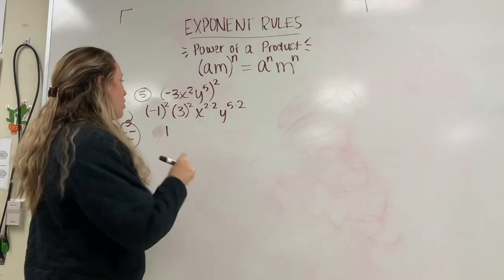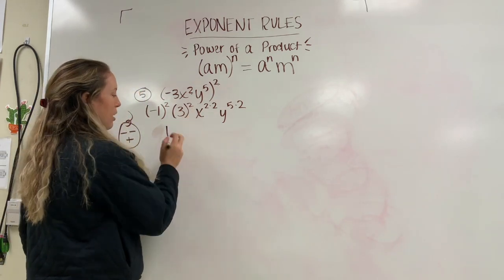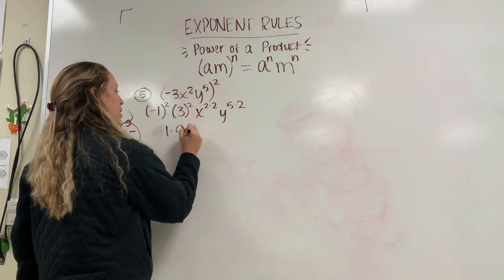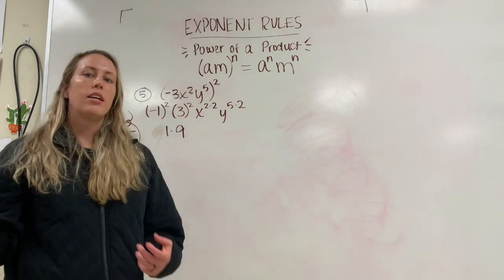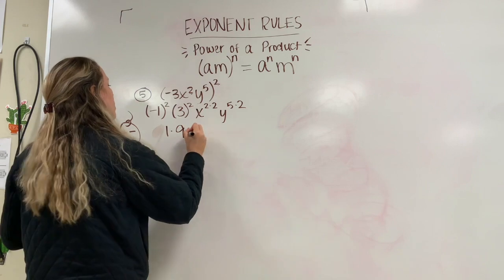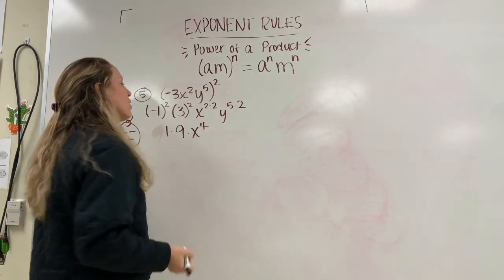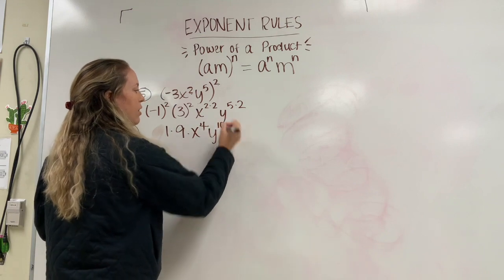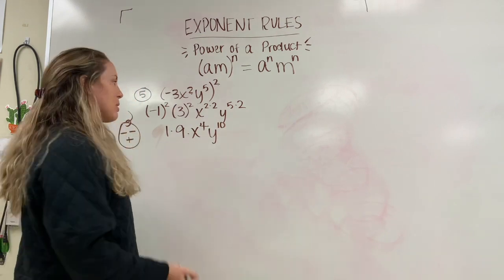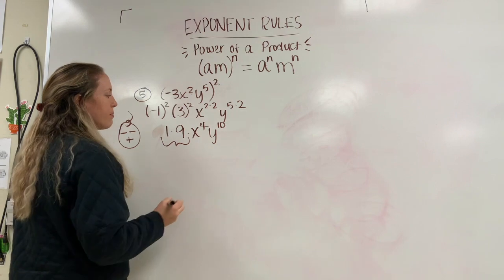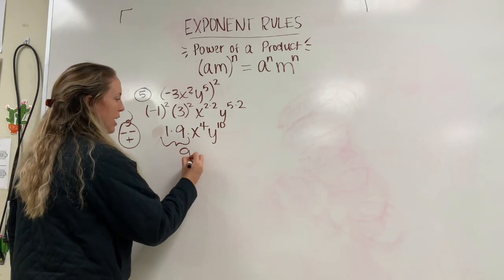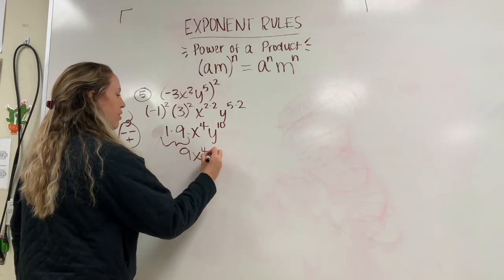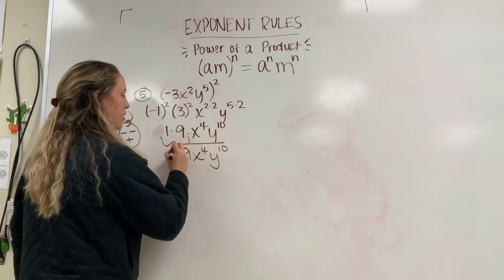All right, so +1. 3 squared is 9, so it's 1 times 9, okay? x to the 2 times 2 gives us x to the 4th. And 5 times 2 is 10, so we got y to the 10th, okay? We can simplify this a little more right here. 1 times 9 is 9, x to the 4th, y to the 10th.